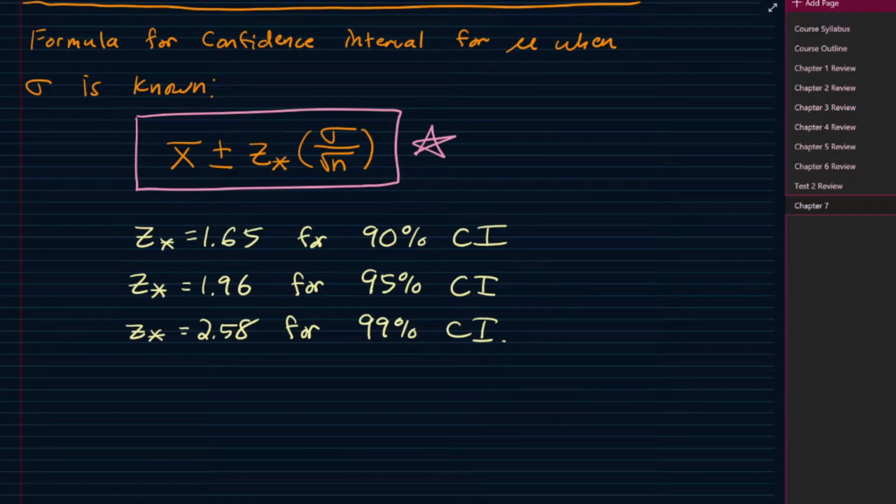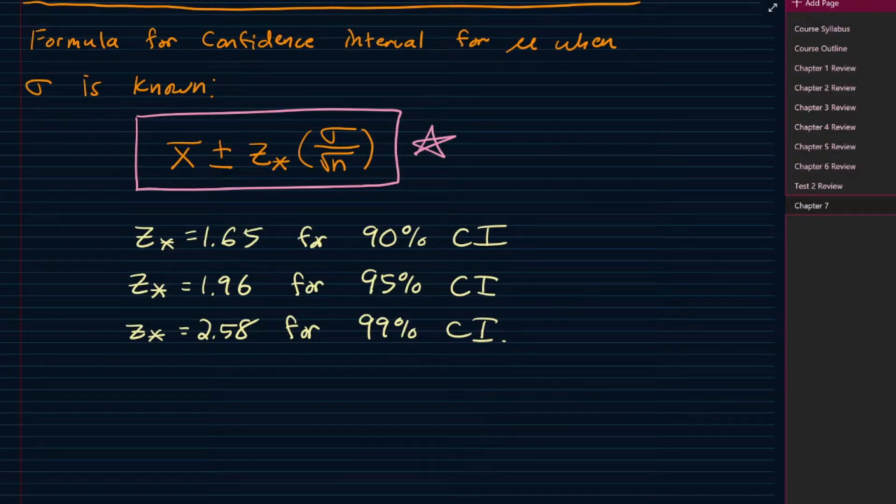So essentially here we're looking for the mean of a population. But all we know is the standard deviation of the population. What we can do is figure out what the mean is with some level of confidence, and that's what we're doing here.